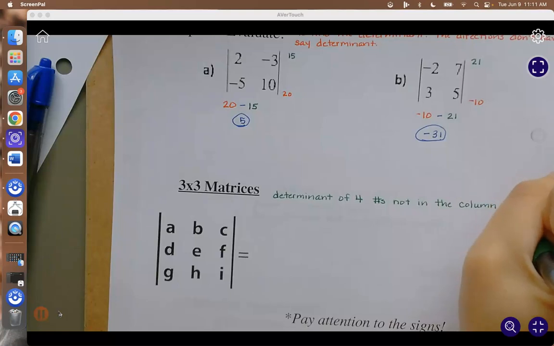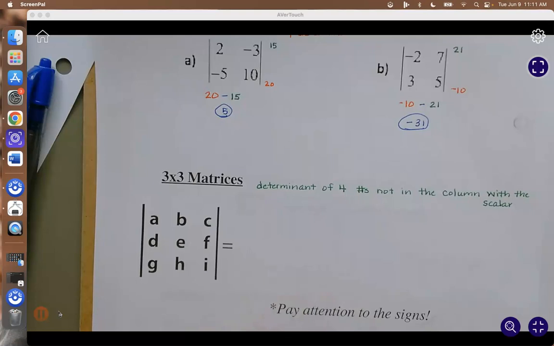Okay, this is not going to make sense right now, but when you see the formula, it will.